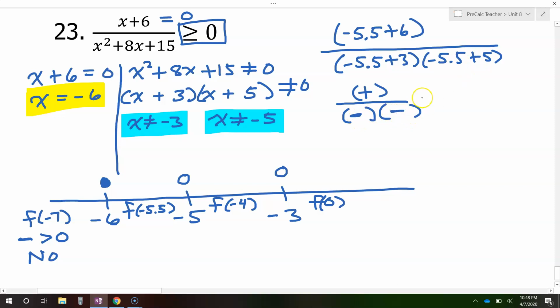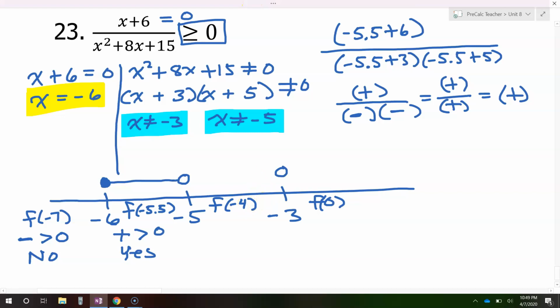But a negative times a negative is a positive. So I'm going to have this. But then a positive divided by a positive is a positive. So I'm getting a positive. Is that greater than 0? Yes, always. So that means we have solutions in here.